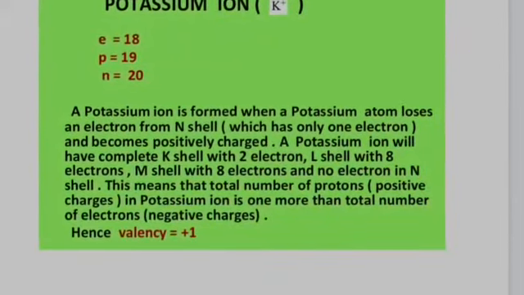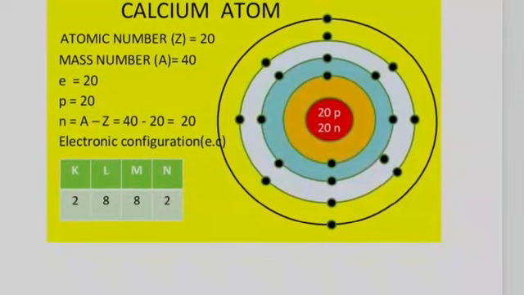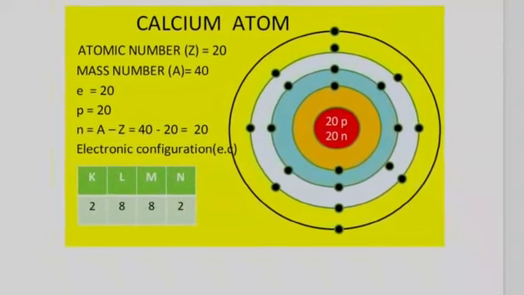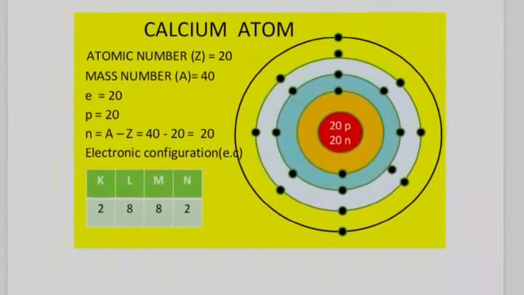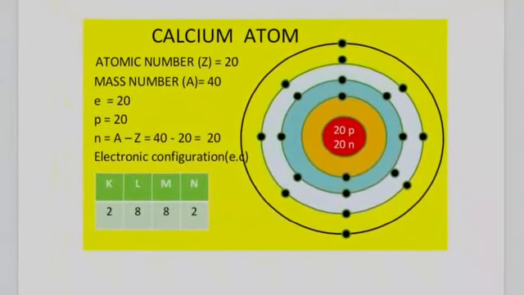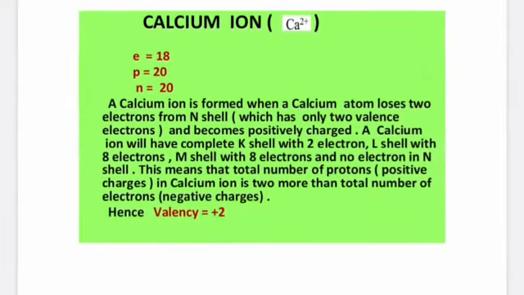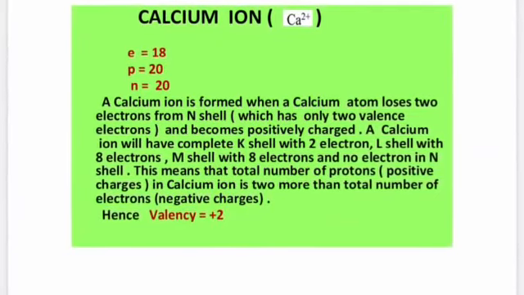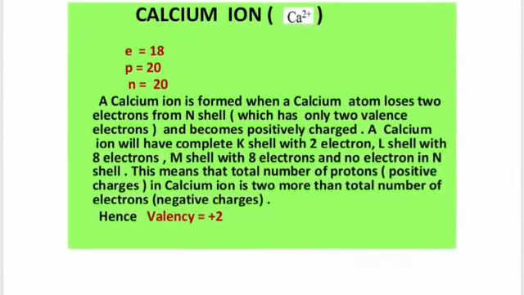Valency is +1. This is the last one, calcium atom, electronic configuration 2 8 8 2. So 2 electrons in the N shell. Calcium atom loses 2 electrons from the N shell and becomes positively charged. Valency is +2.